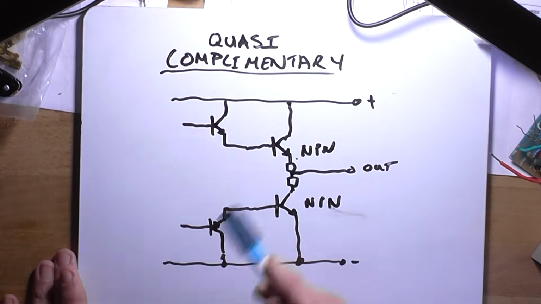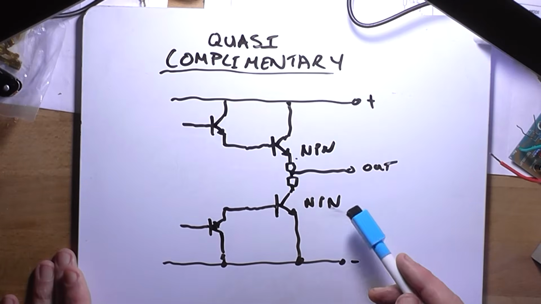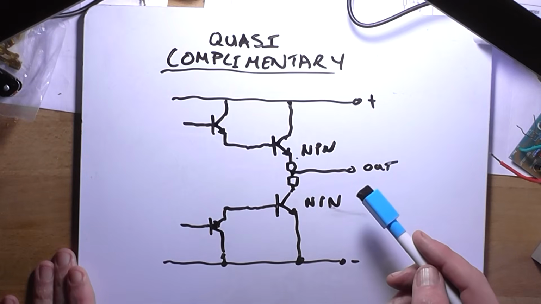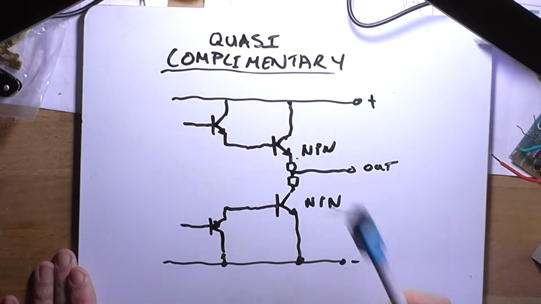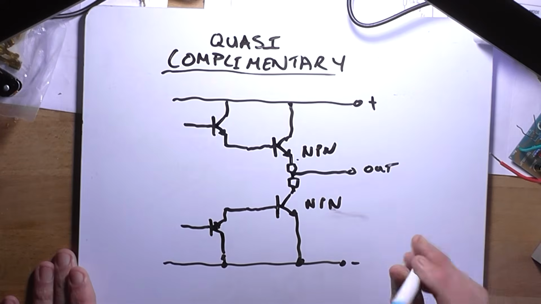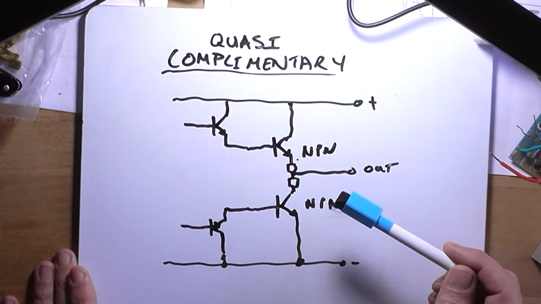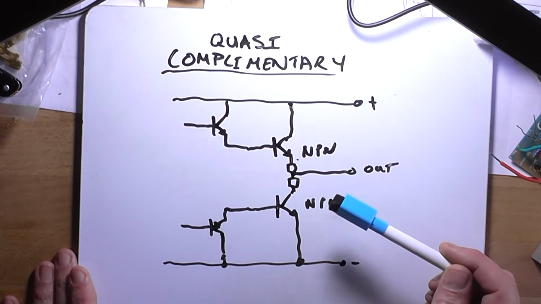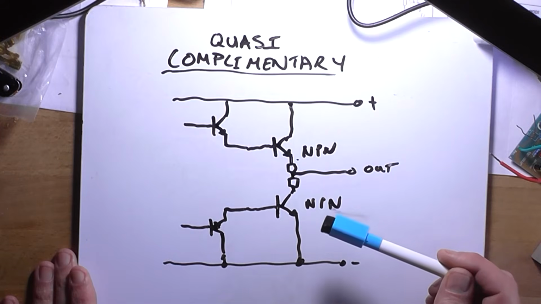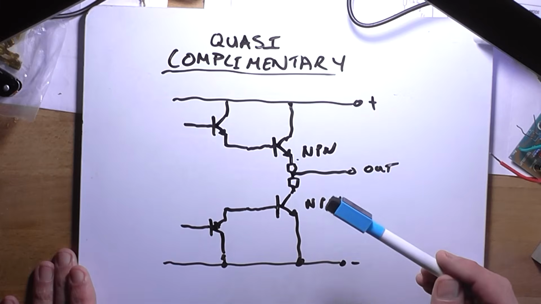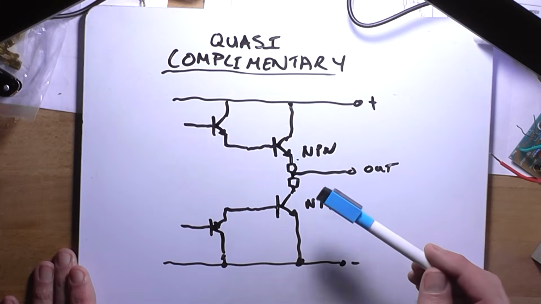So looking at this, why was it used? This type of output symmetry was used a lot during the 70s, and there's a very good reason for that. The main reason is because PNP power transistors were, one, a lot harder to manufacture than the NPN counterpart. They weren't as reliable as the NPN counterpart, and they were also exceedingly more expensive.